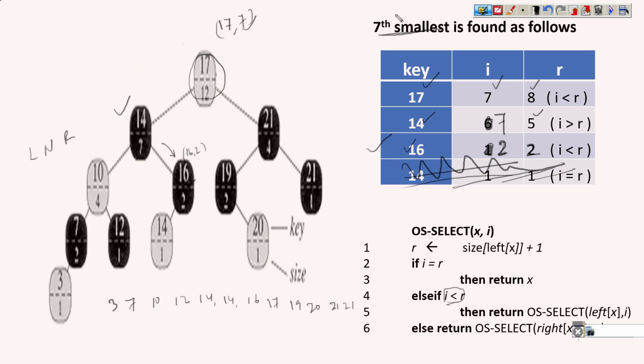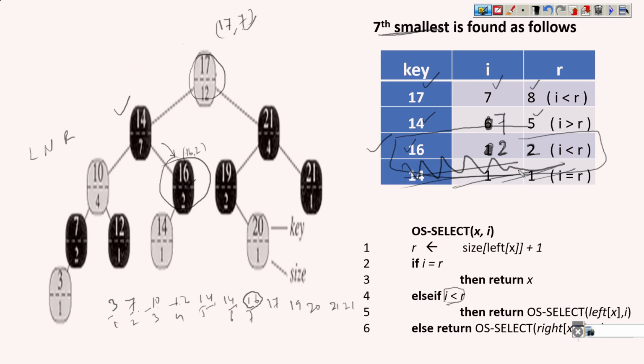Now we are looking for the 7th smallest. So this is 1, 2, 3, 4, 5, 6, 7. So the 7th smallest is 16, and this is what we got here, and this is our answer. I believe you have understood how to find an element of the given rank.